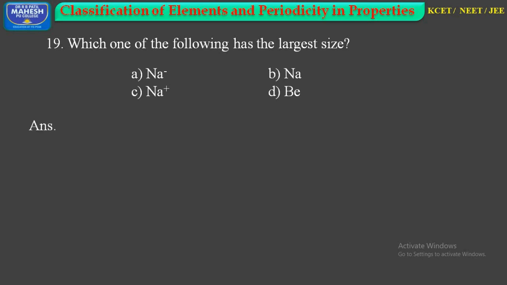Students, always when negative charge increases, size increases. If we compare between neutral atom and anion, so anions are having relatively larger size compared to its neutral parent atom. So the right answer is option A, sodium anion.